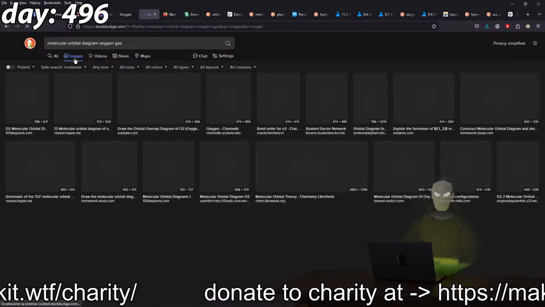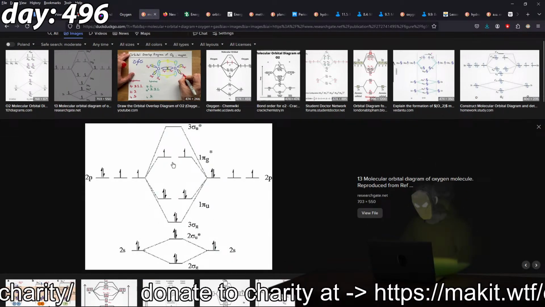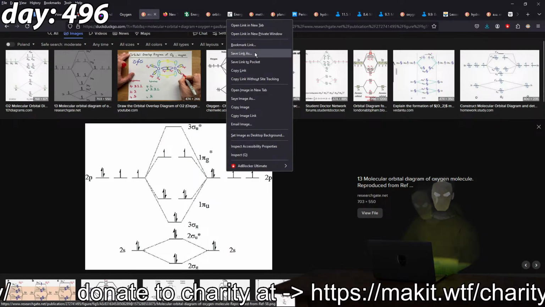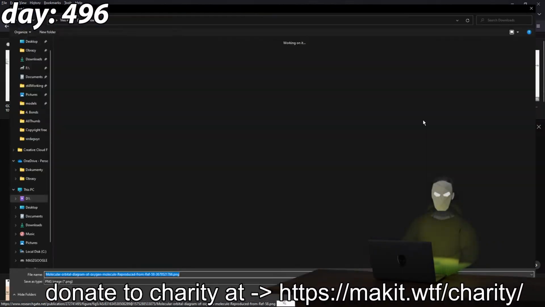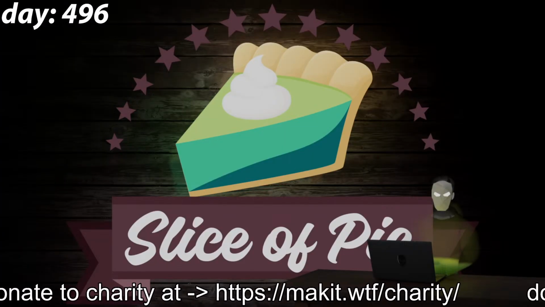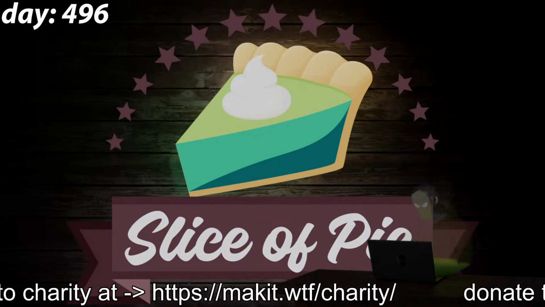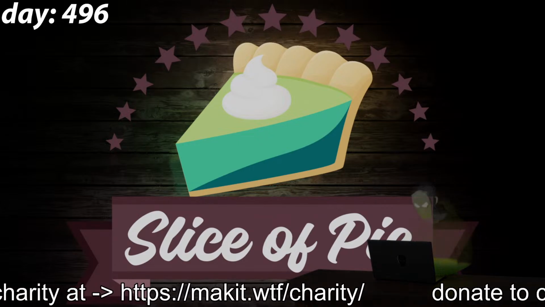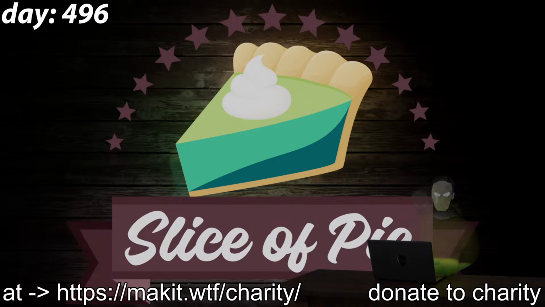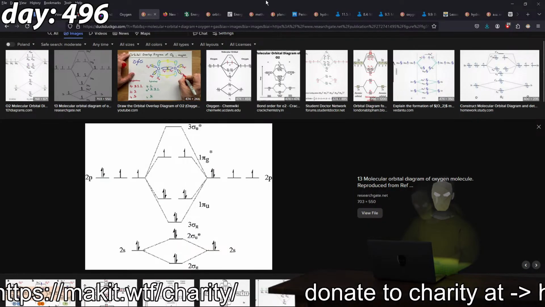This is what we need, precisely. Which is the molecular orbital diagram for oxygen gas, which I'm also gonna save, into my video folder, which is going right here. There we go. Save. Cool.